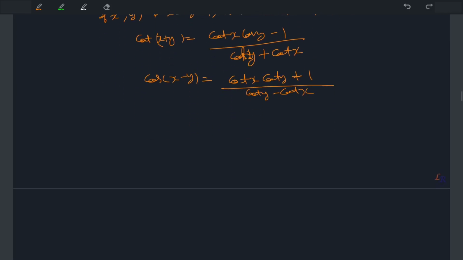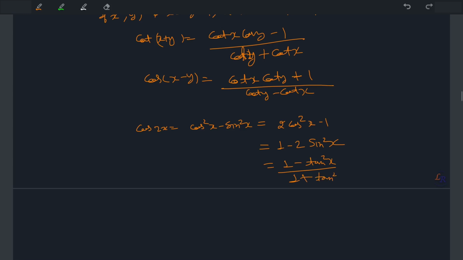One more important one is cos 2x, which can be written as cos square x minus sin square x. It can also be written as 2 cos square x minus 1. It can further be written as 1 minus 2 sin square x, or in the form of tan as 1 minus tan square x upon 1 plus tan square x.